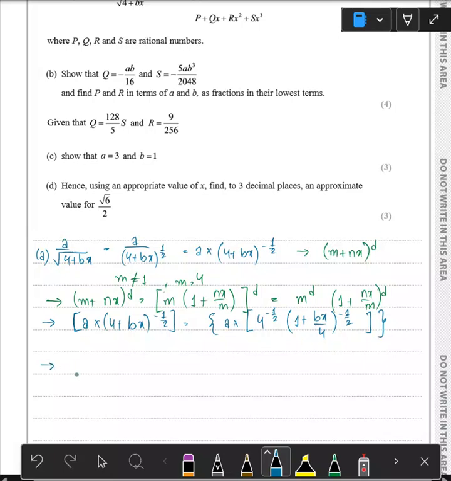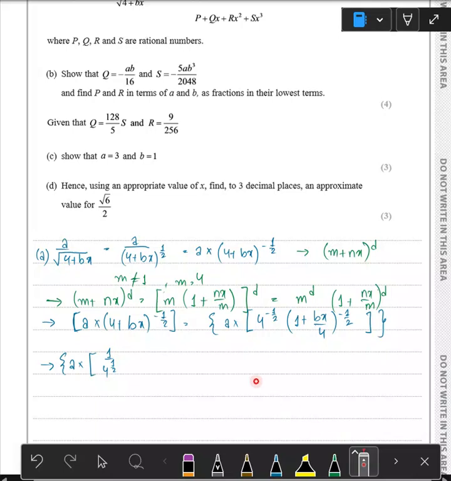So this is what we got here. If I write it clearly, 4 to the power negative half can also be written as 4 to the half. I'm taking this into a fraction, so the polarity will change.